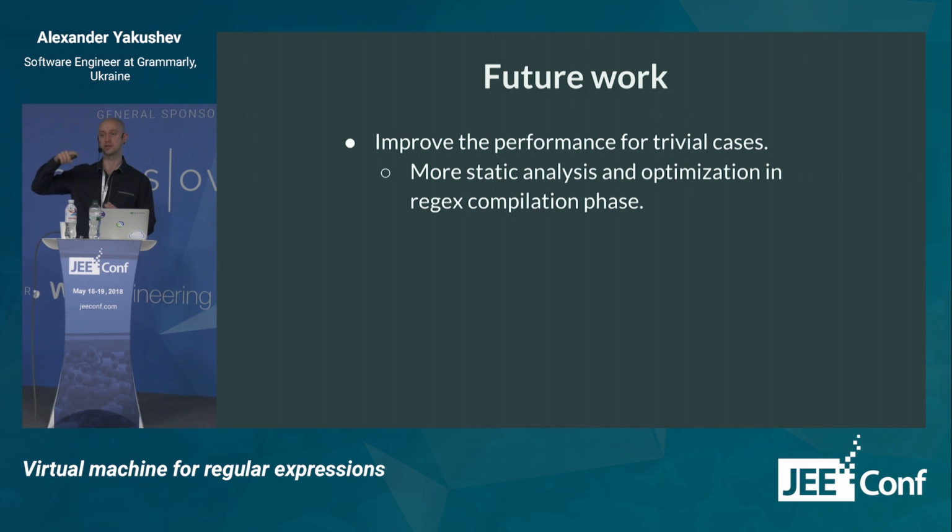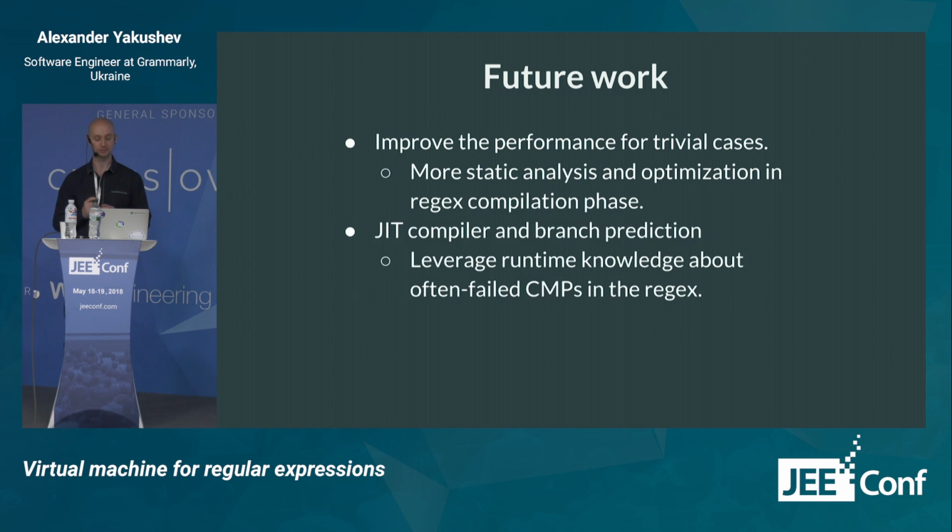It remembers the positions of those characters when it finds them, and only then starts the regular expression machinery inside, and that improves performance quite a bit. So that's what I mean by static analysis and optimizations.